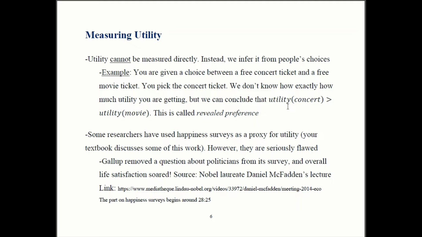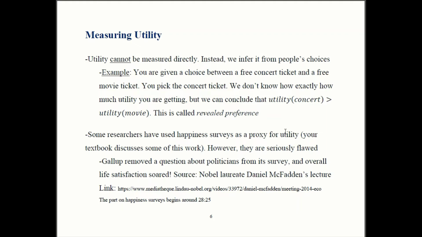Let's say I give you a choice. I can give you a free concert ticket or a free movie ticket. This is all pre-COVID, when movie theaters were open and you could go to live concerts. And let's say you pick the concert ticket. I don't have enough information right away to put together a full utility function for you. However, you did give me one piece of the puzzle. Because you picked the concert over the movie, I now know that the concert must give you more utility than the movie does.